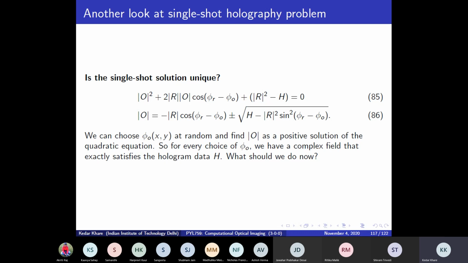If I just put a criterion that I want a solution O that satisfies my interference data H, then I have no way to zero in on one particular solution, because then I have too many solutions, and then I have to decide. And obviously I cannot just generate millions of solutions and look at them and decide which one is good. I need an algorithm now which will penalize the solutions that I don't want.